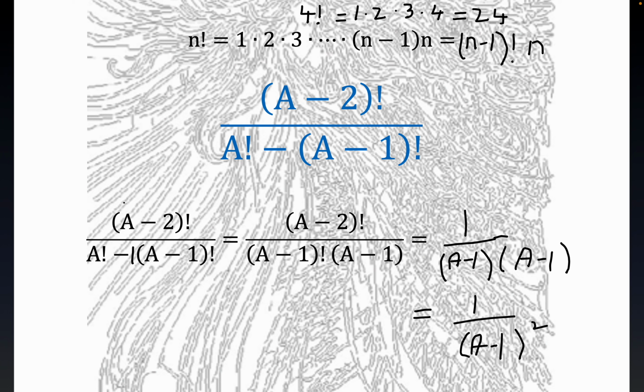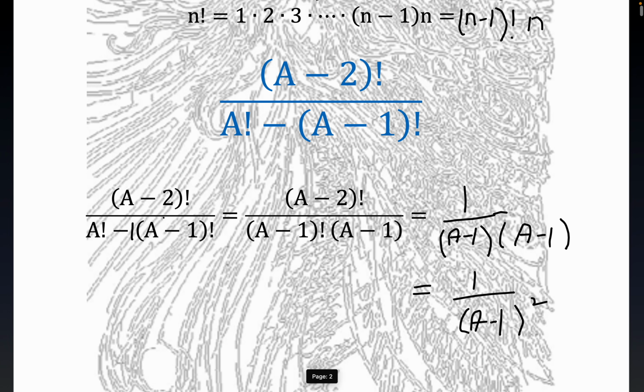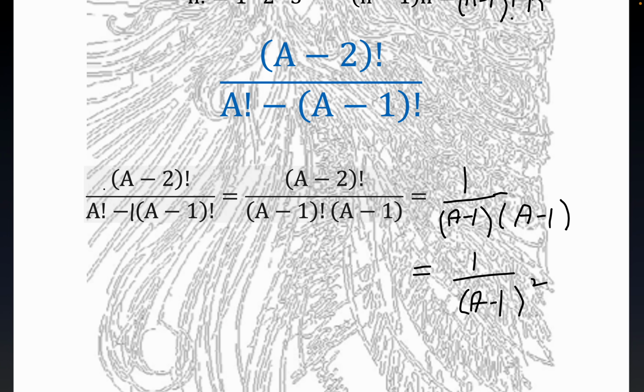Now, it's never a bad idea to check your result with some concrete values here. Let's try out, let's see, what do you want to try out? We could try out 4 factorial over 6 factorial minus 5 factorial.